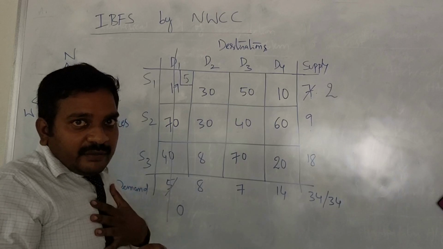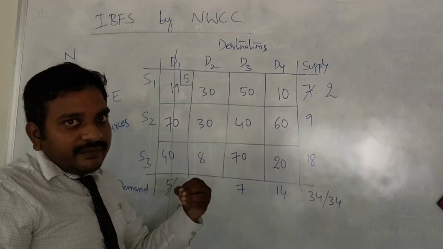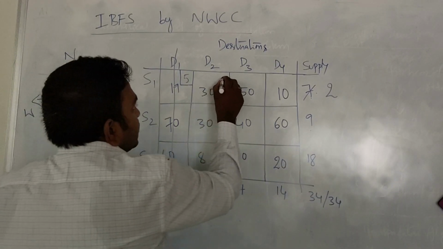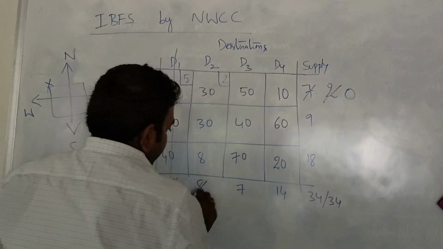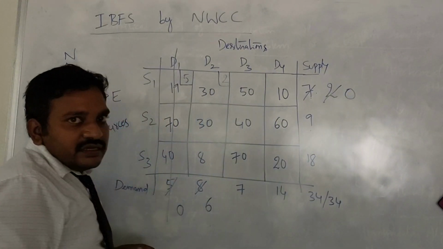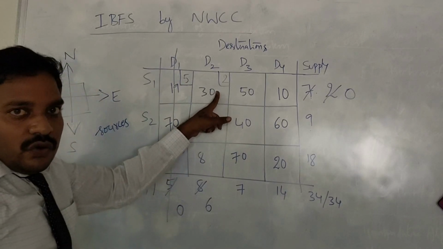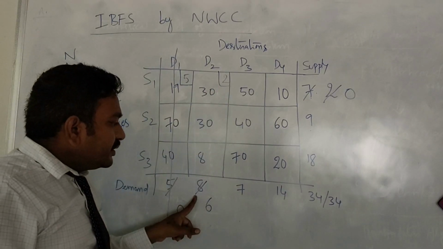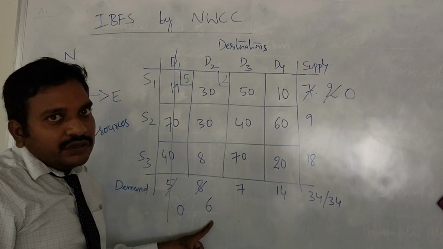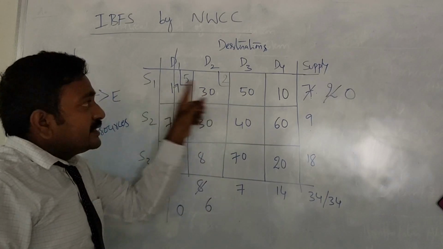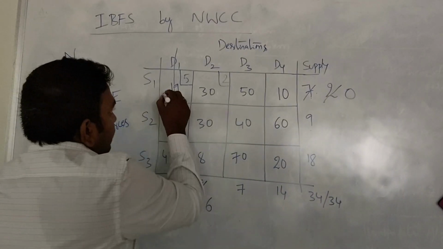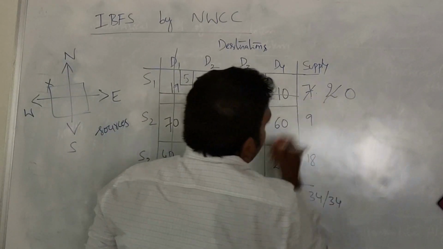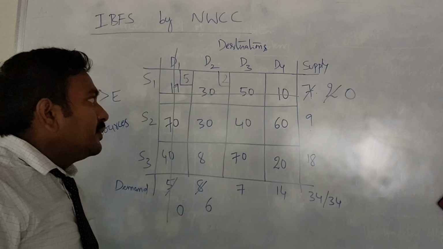I need 8, but I can take only 2 units from S1. So I do the same: S1 becomes 0 and D2 becomes 6. Is D2 completed? No. D2 needs 8 units, and I assigned 2 units only. But S1 is exhausted, so take this row off the table.